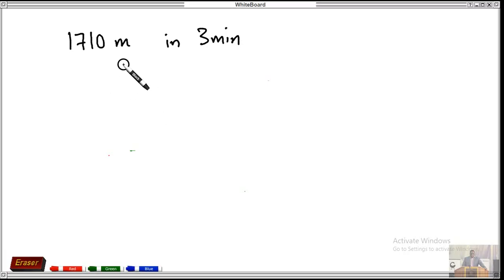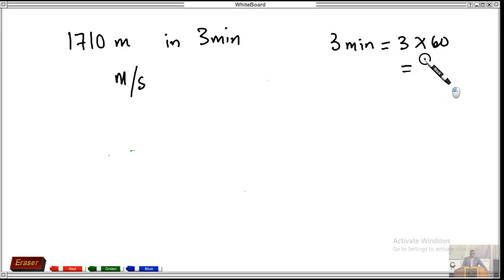Now, if you were to grab that and say, let me change this to meters per second. That means I must change these 3 minutes. Now, 3 minutes is equal to 3 times 60, which is equal to 180 seconds.